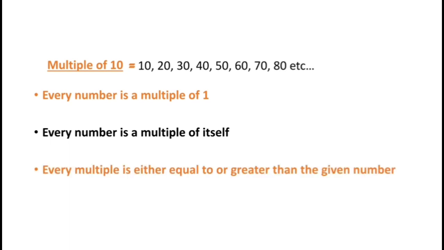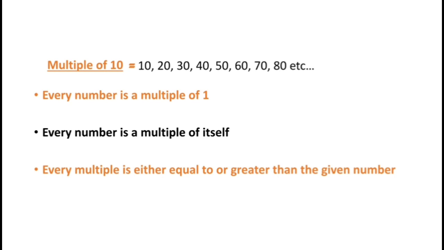Every multiple is either equal to or greater than the given number. A factor is less than the given number, but a multiple is greater than the given number. And how many multiples can we find? We can find many multiples, right?